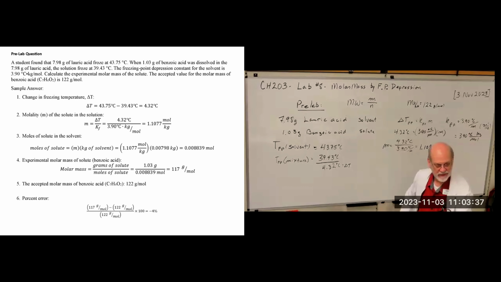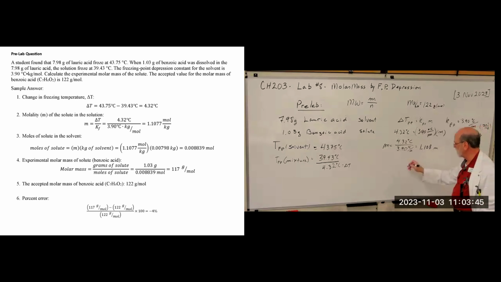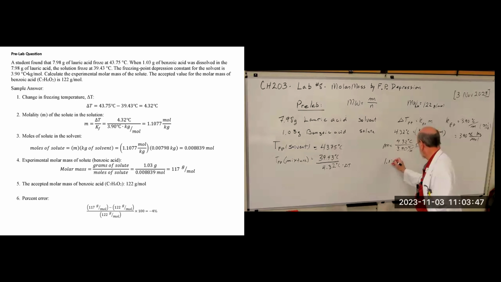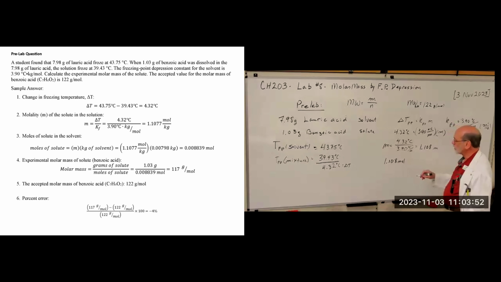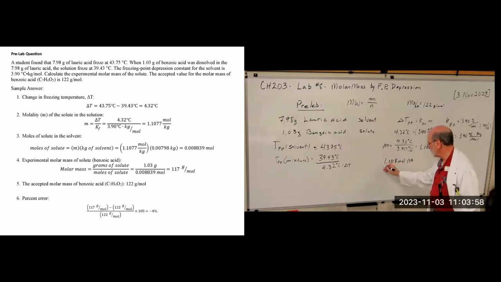That's moles per kilogram. Moles of solute per kilogram of solvent. 1.108 moles of solute benzoic acid per kilogram of lauric acid.